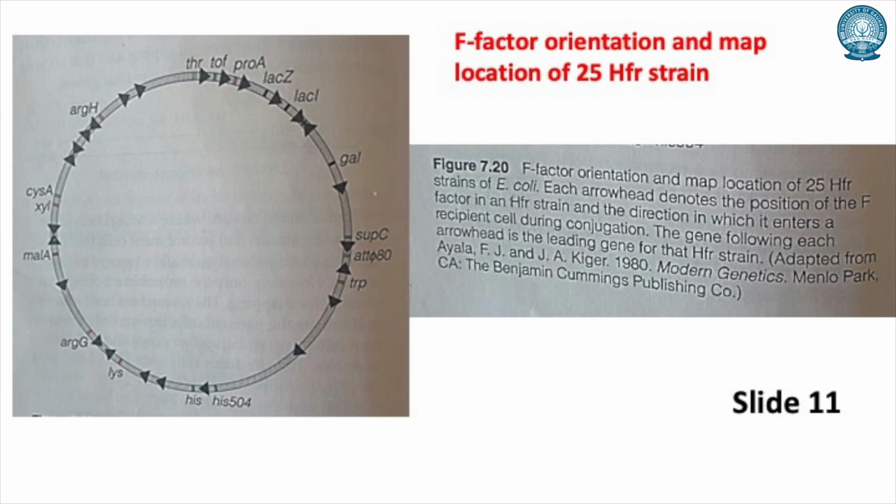The gene following each arrowhead is the leading gene for that HFR strain. So by using 25 different HFR strains, a combined map is generated, showing different markers in a particular sequence.